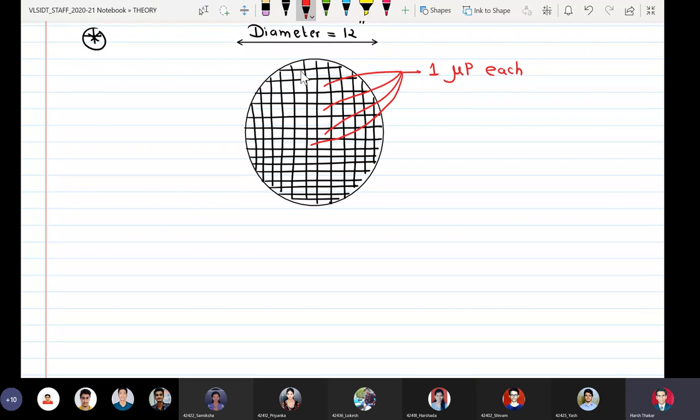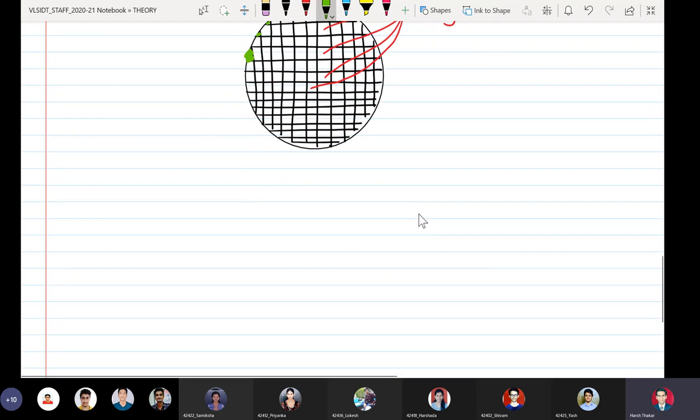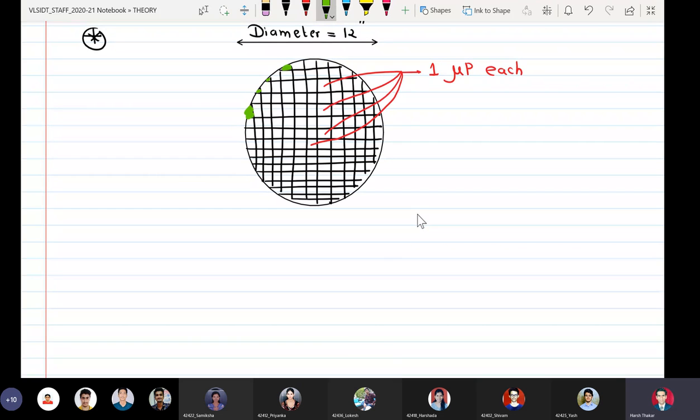You know that chips are always square in size, so naturally these portions are all wasted. This 12-inch circle is called a wafer, and the number of good chips divided by the number of chips on the wafer is called yield.